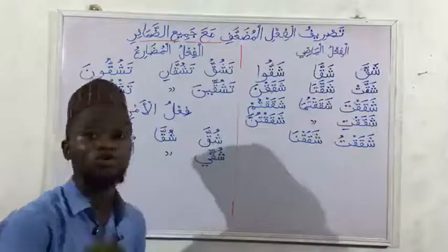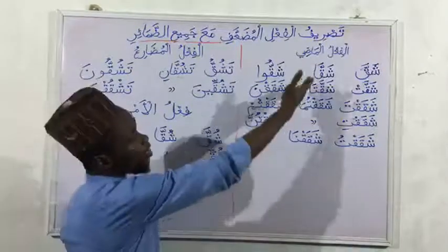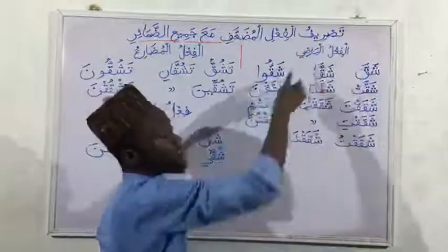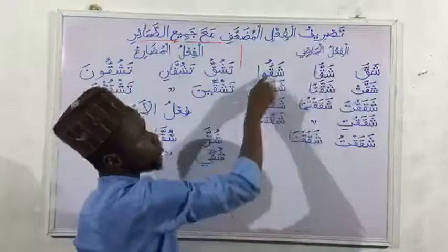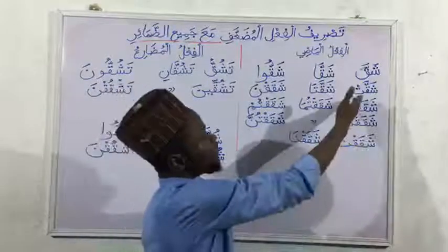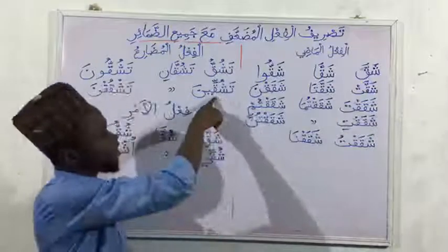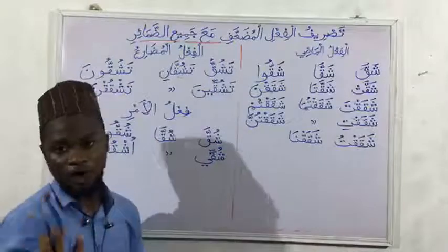It's going to change so as to correspond to the pronoun we are adding. That is why Shukko will remain Shukko, because fatha corresponds to alif. Shukku because we have waw and then the damma that corresponds to it. And we have Tashukki and Shukki. So that is for the sakina.